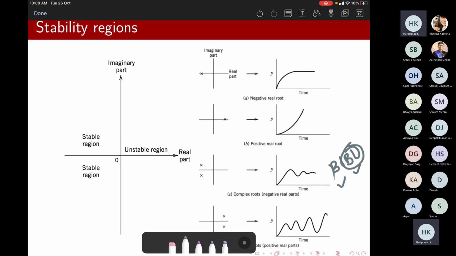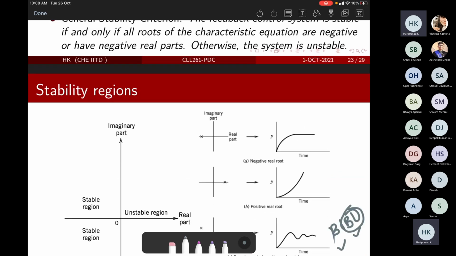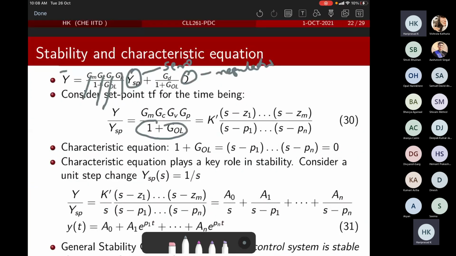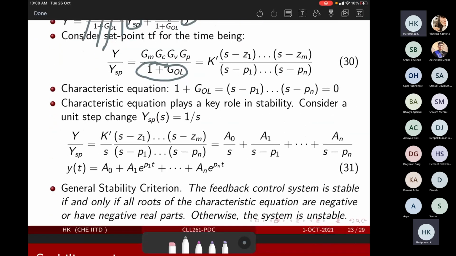So this essentially means looking at the denominator of the transfer function. The denominator polynomial is also known as the characteristic equation. Why? Because if you take the inverse, the roots come into play. If you write it as a partial fraction and calculate the roots, you would see terms like 1/(s - p1), and so on, and you would see e to the power pt come.